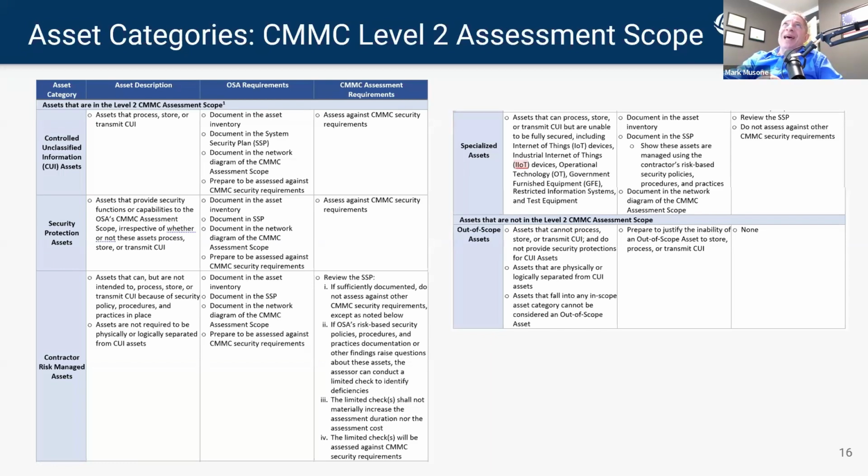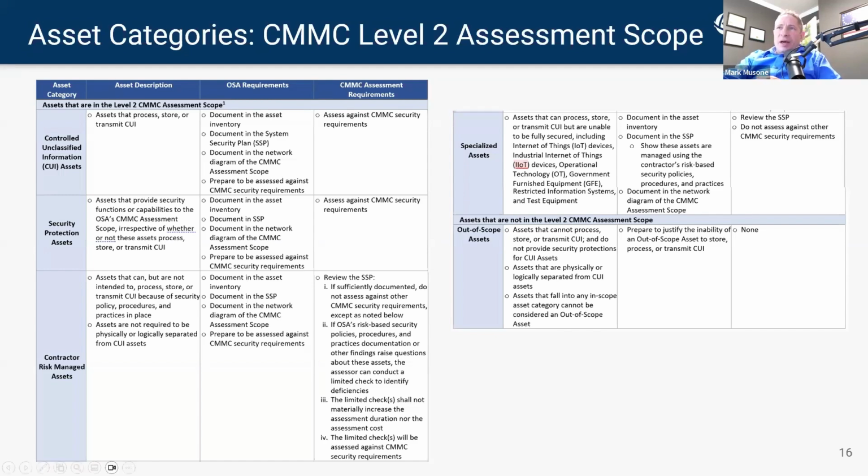Operational technology includes SCADA type systems, CNC machines, 3D printers, and any of that type of stuff. Those are specialized assets. If you have a specialized asset, it needs to be documented in the asset inventory, the SSP, and the network diagram, but those specialized assets are also in scope and are not assessed against CMMC security requirements.